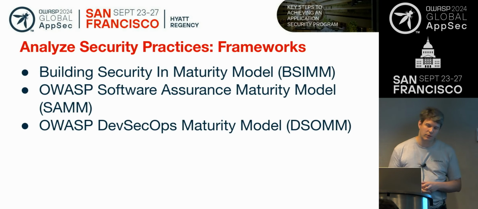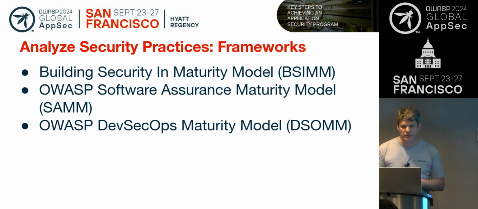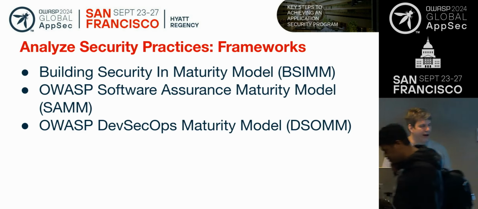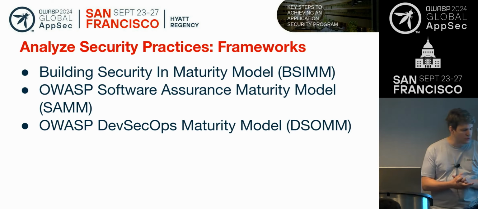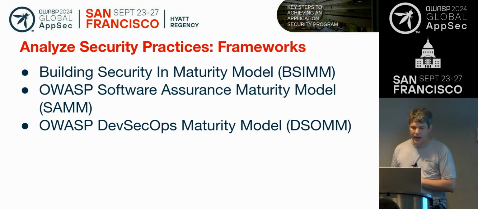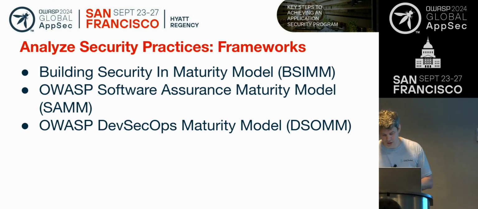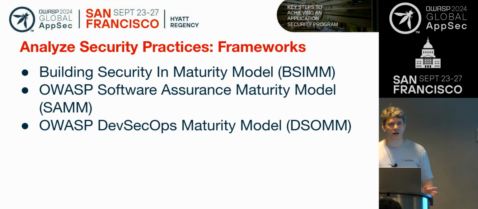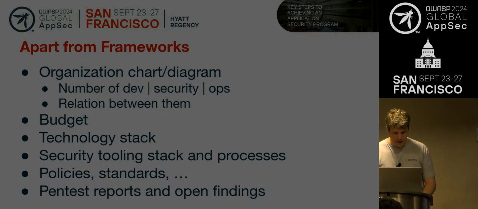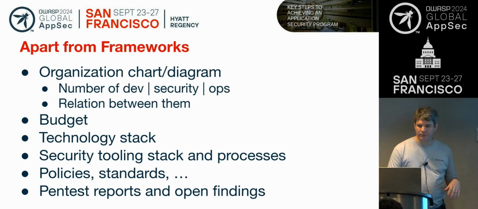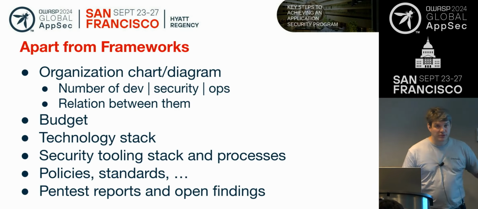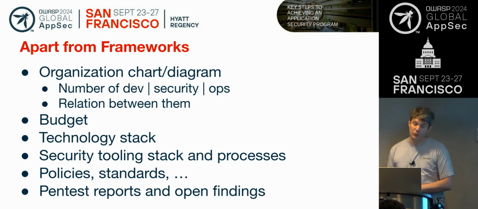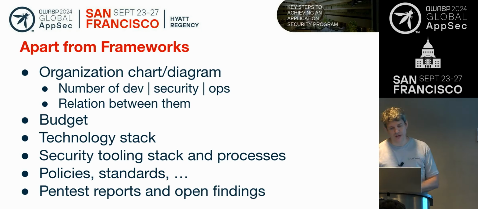There is, or at least that are the ones I know, building security in maturity model, then OWASP assurance maturity model, and the OWASP DevSecOps maturity model. And I will focus on the both OWASP one because we are here at an OWASP conference, and that are also my favorites.